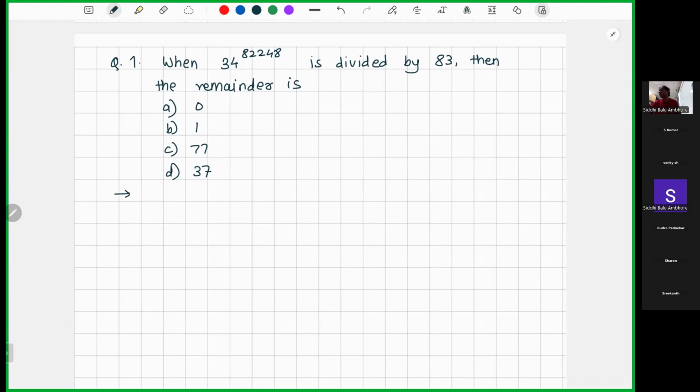So let P be prime, and note that here 83 is a prime number.